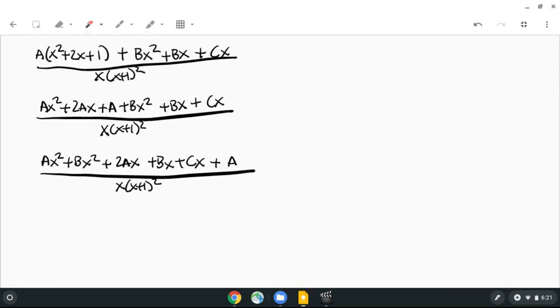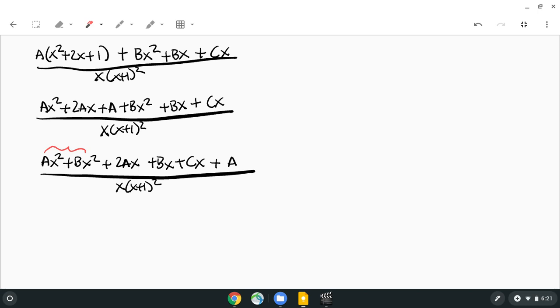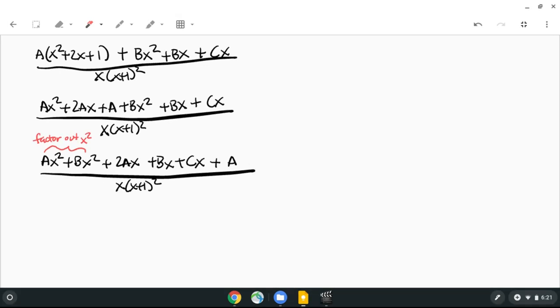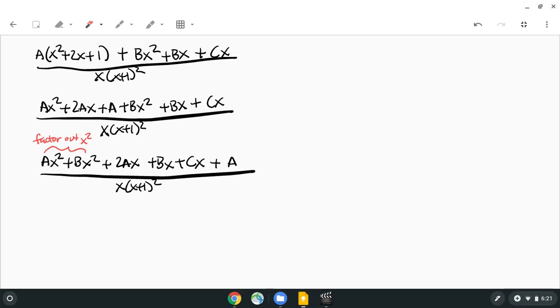Here I'm going to factor out x squared, so it'll be a plus b, parentheses, x squared. And then with these three, I'm going to factor out x.